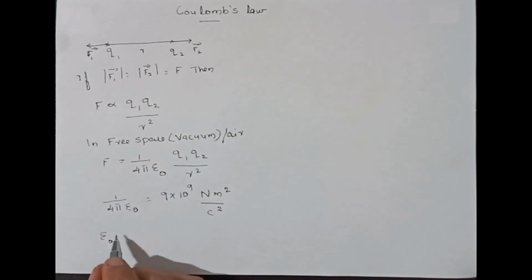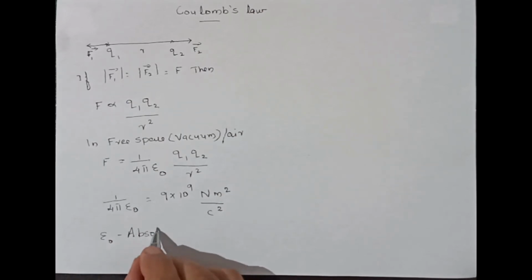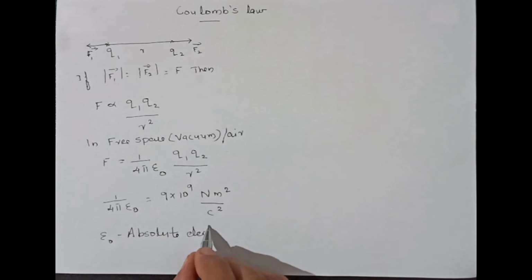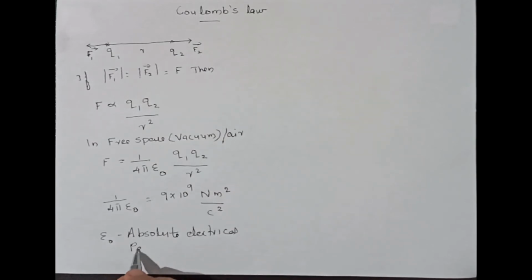To start with, the epsilon naught is usually known as the absolute electrical permittivity of free space. That naught stands for free space.